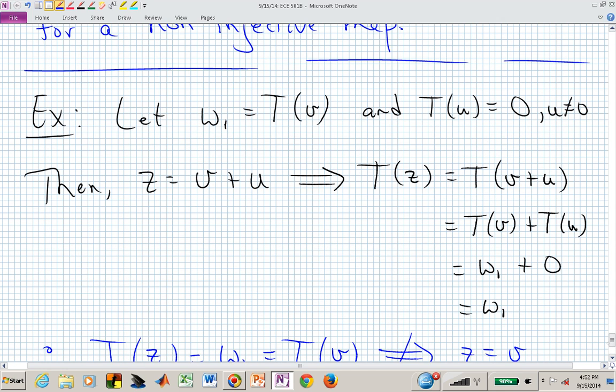We started with a non-trivial null space. We said we're assuming a vector U that's not equal to 0 belongs to our null space. By making that assumption, we can show that in fact that map is non-injective.